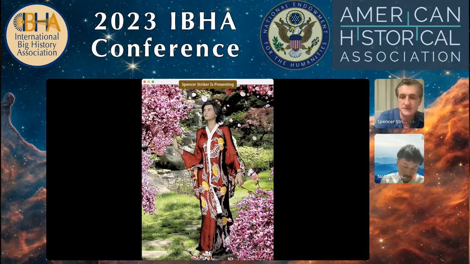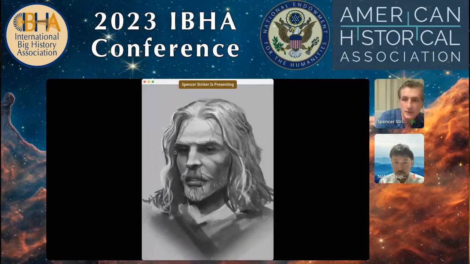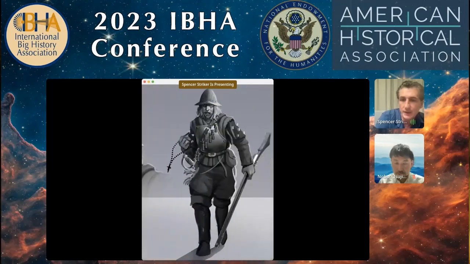Like this didn't make it into the piece, but it was an interesting attempt to do a photorealistic look of the character and different ideas for what Louis could look like, the conquistador, playing around with the different armor and the weapons. His particular character, the idea is that he's one of the losers of history.